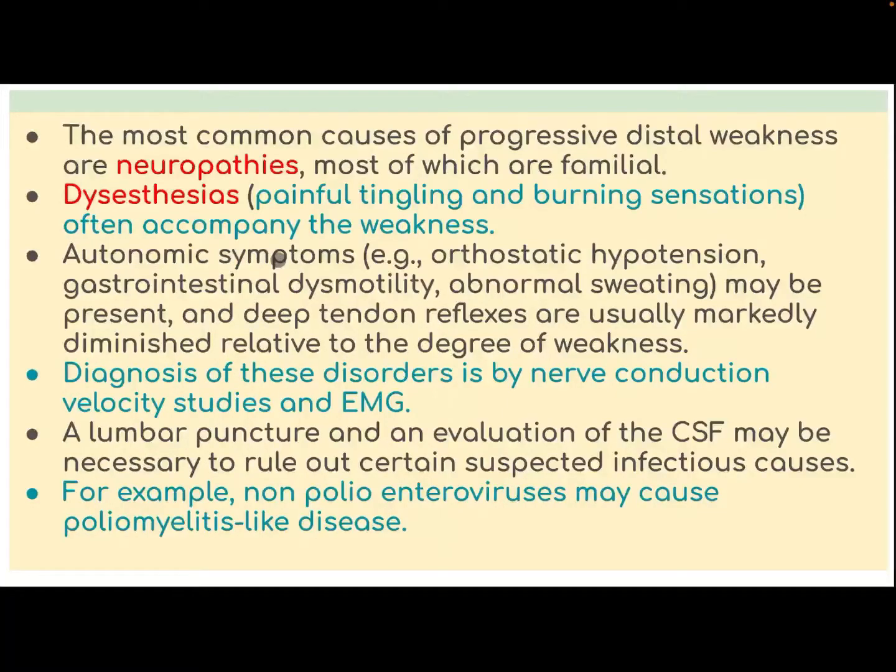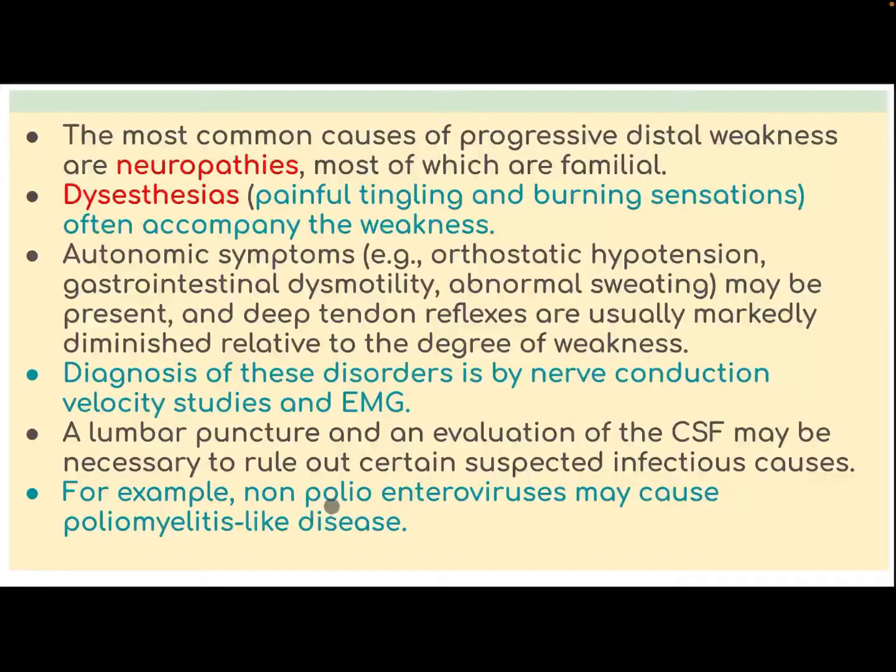Autonomic symptoms like orthostatic hypotension, gastrointestinal dysmotility, and abnormal sweating may be present, and deep tendon reflexes are usually markedly diminished relative to the degree of weakness. Diagnosis of this disorder is by nerve conduction velocity study and EMG. Lumbar puncture and an evaluation of CSF may be necessary to rule out certain suspected infectious causes.